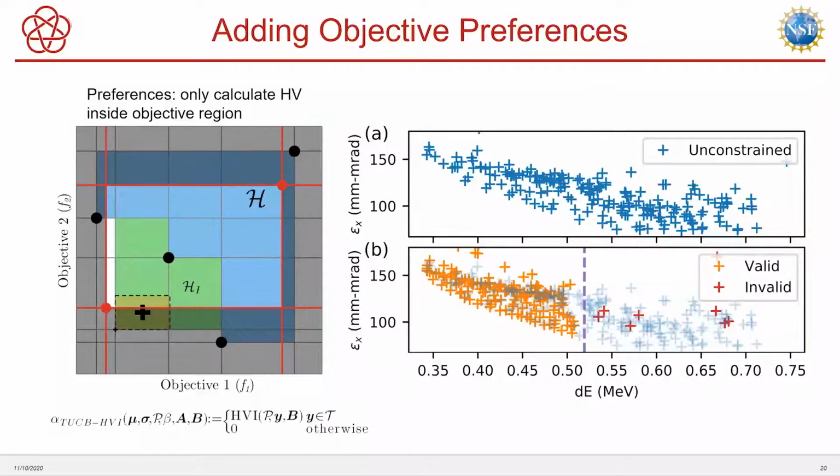Since by adding this preference I'm effectively reducing the objective space volume by a factor of 2, the Pareto front result is much higher resolution than in the control case, just because it spends more time searching in a very limited area.